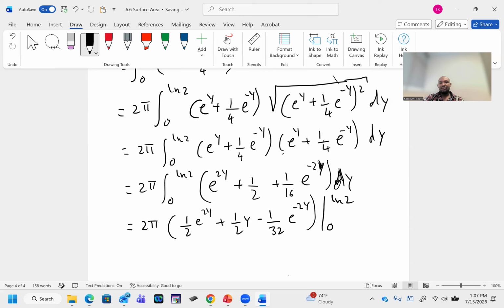If I substitute everything and use your calculator to combine like terms, you would see we get pi times 195 divided by 64 plus ln of 2.